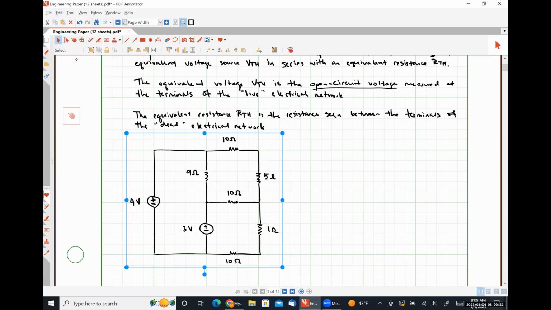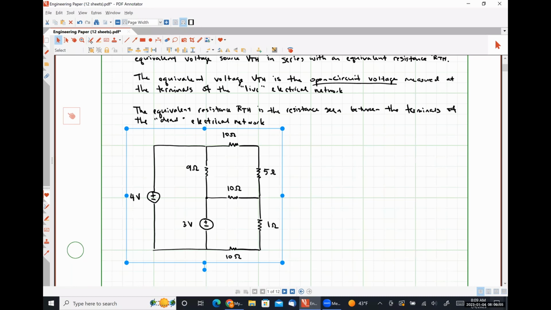Okay. So the first thing that I want to point out is that at present, this network is not a 2-terminal network because there are no terminals. Okay. So when we find the Thevenin equivalent circuit, we can find it with respect to a set of terminals, or we can find it with respect to a resistance. Okay. So in this case, we are going to find the Thevenin equivalent circuit seen by the 1 ohm resistor. Okay.